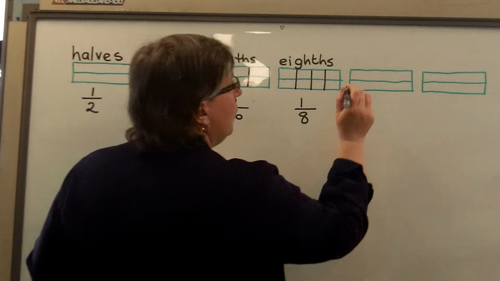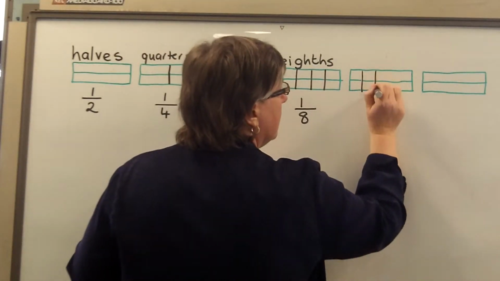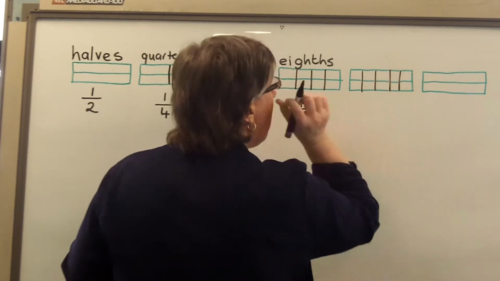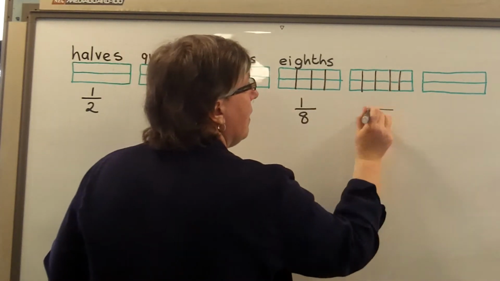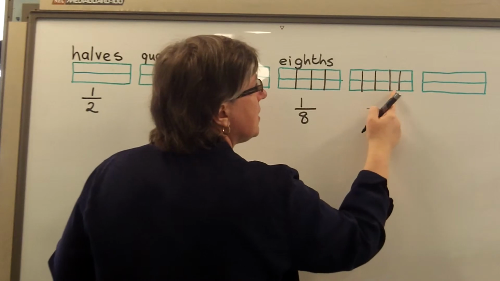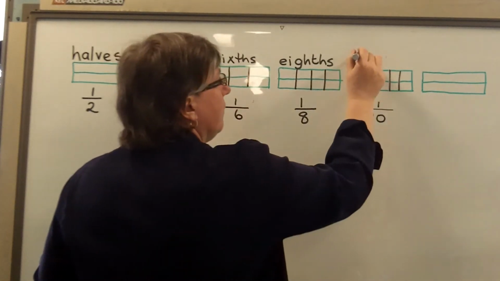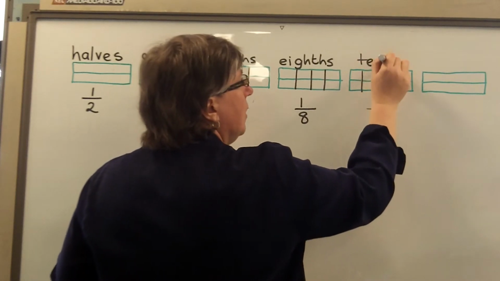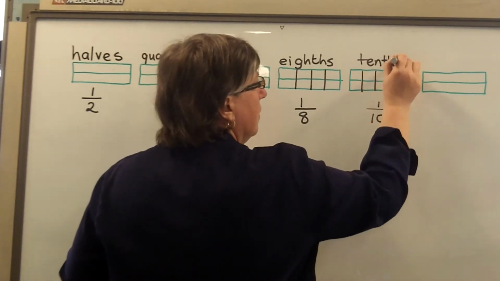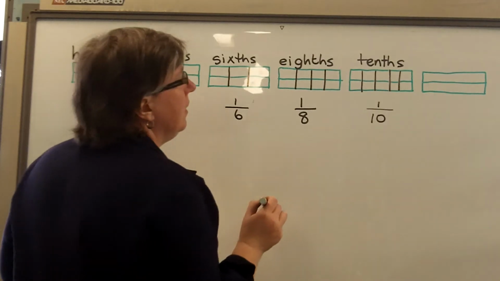If I were to put 4 lines in, I would now have 2, 4, 6, 8, 10 pieces, and each one of those would be called a tenth, or tenths.